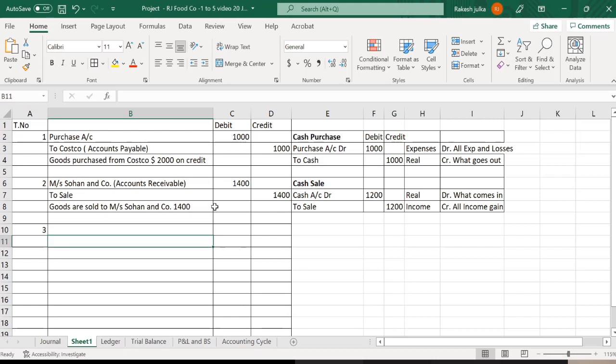So $550 I have paid. This is the transaction. So first of all, I'm going to write: payment is made, $550 to Costco, refer transaction number 1.